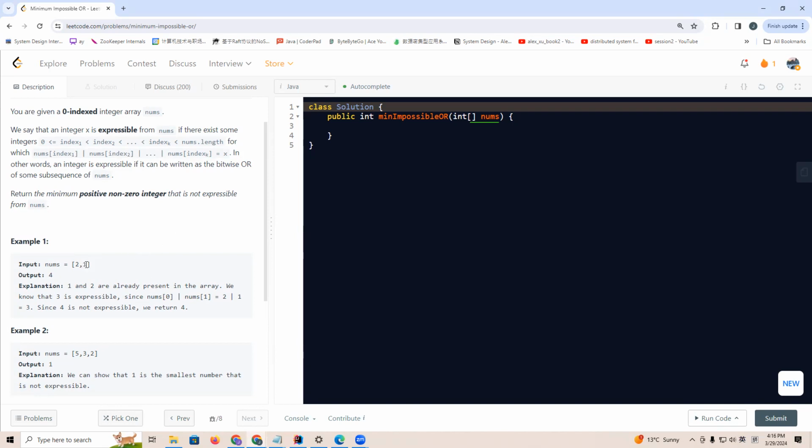So for this question, with 1, 2, and 1 OR 2 being 3, the minimum one is 4.